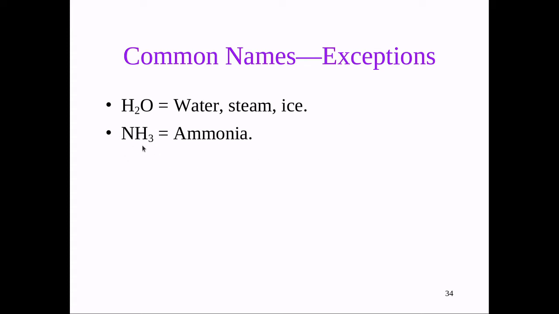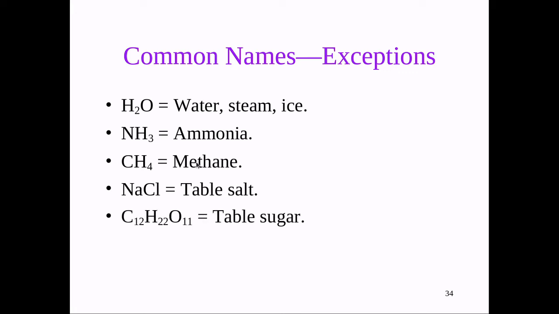NH3 would be nitrogen trihydride, but we call that ammonia. CH4 would be methane. NaCl is table salt. And C12H22O11 is just what we call table sugar. So first, if you can recognize one of these, then you can just name them right off the bat.